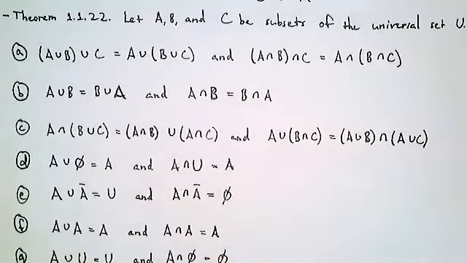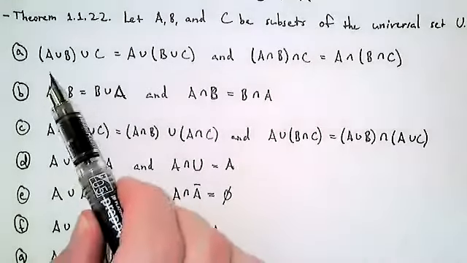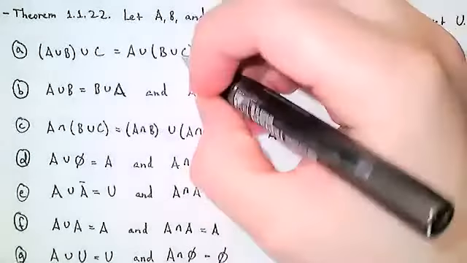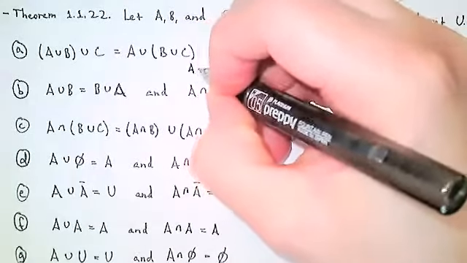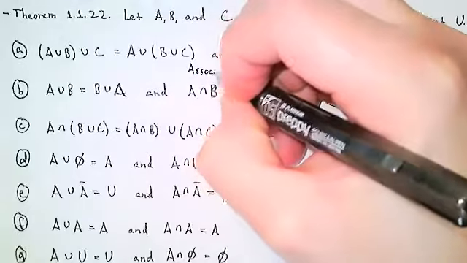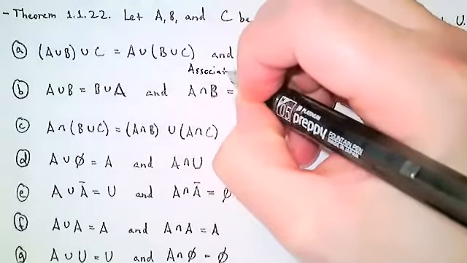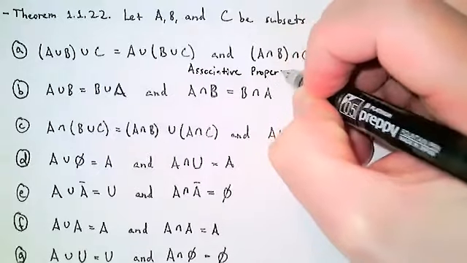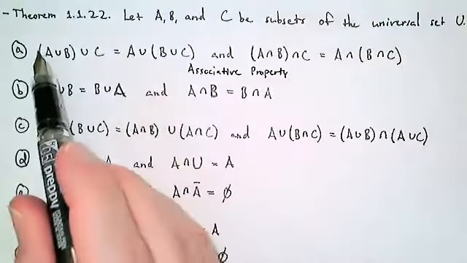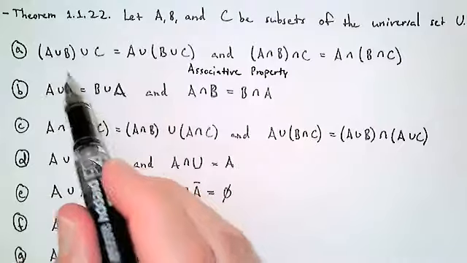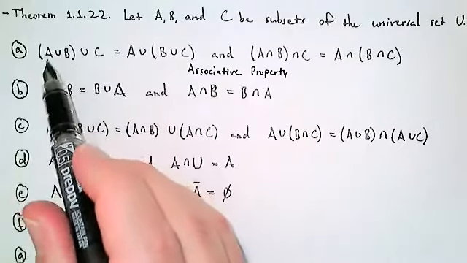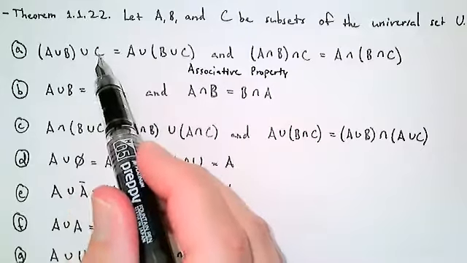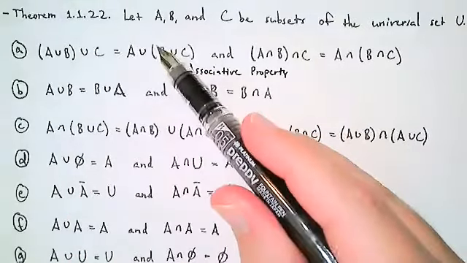I can maybe point out a couple of them that are important, like A is called the associative property. So you've probably heard the word associative in a previous math class. And what it does is it tells you that you can move the location of the parentheses. So over here I have the union of A and B grouped together in parentheses, and then I union with C. But it actually doesn't matter how I group them.